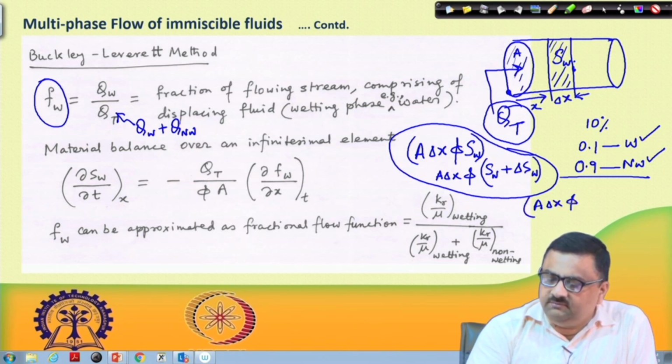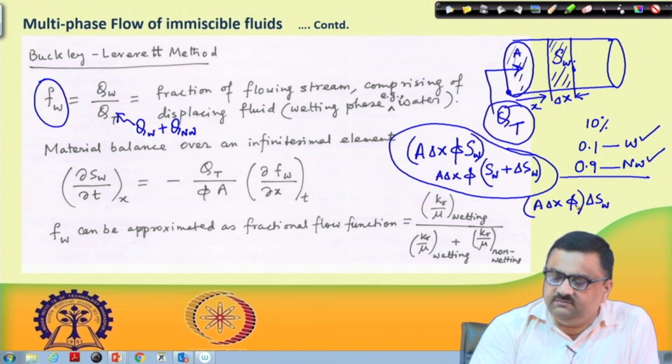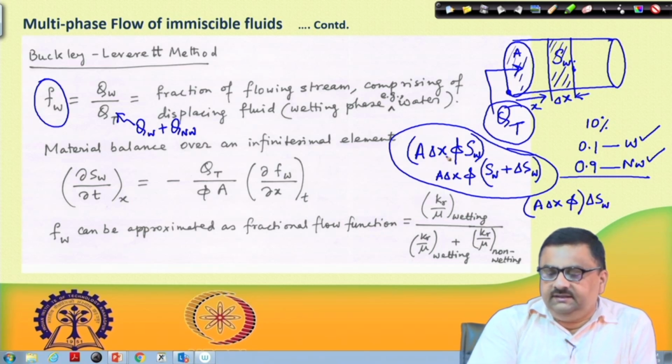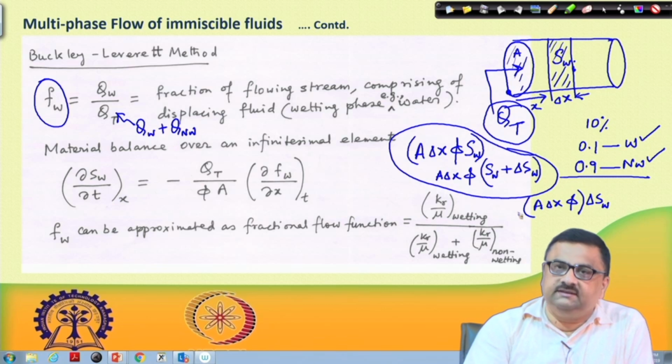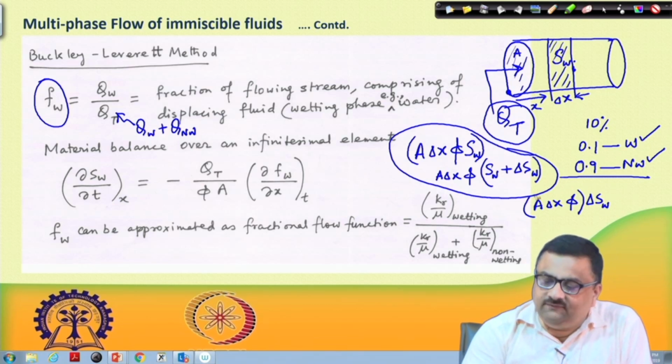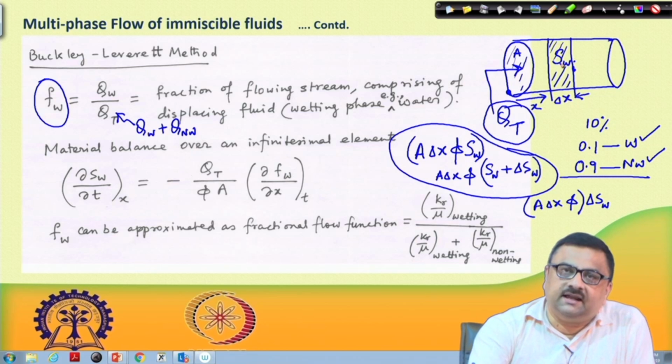So, this term remains as it is, multiplied by delta SW, because change means this and this, their difference. So, SW and SW will cancel out, and you are left with only delta SW. So, this is the change in volume of wetting phase as far as this differential element is concerned.